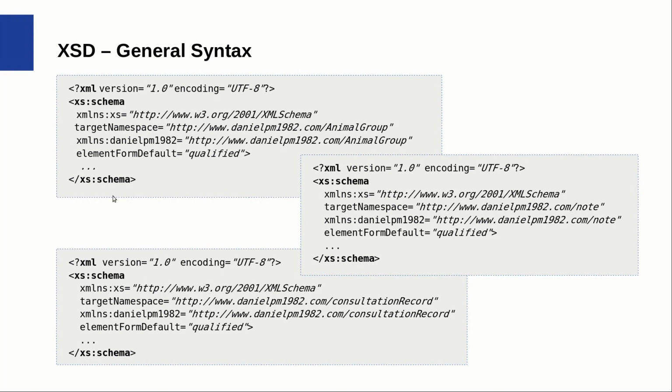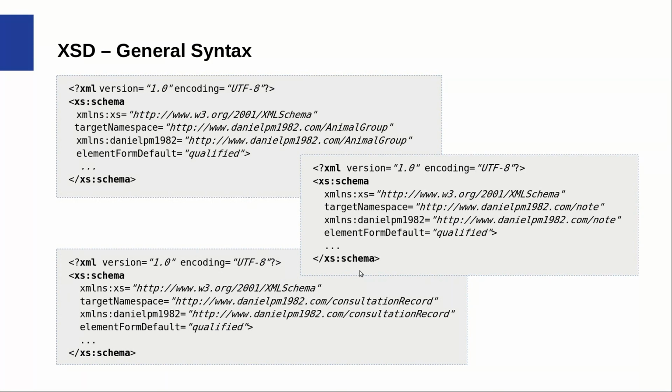But don't worry about it for now. I just want you to have an idea about the schema element and the prologue here, which is like a header for every XSD document we're going to create.